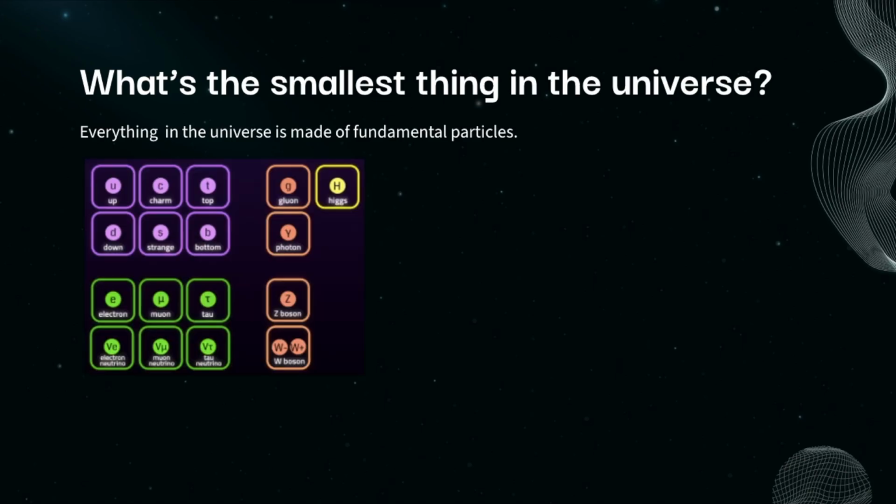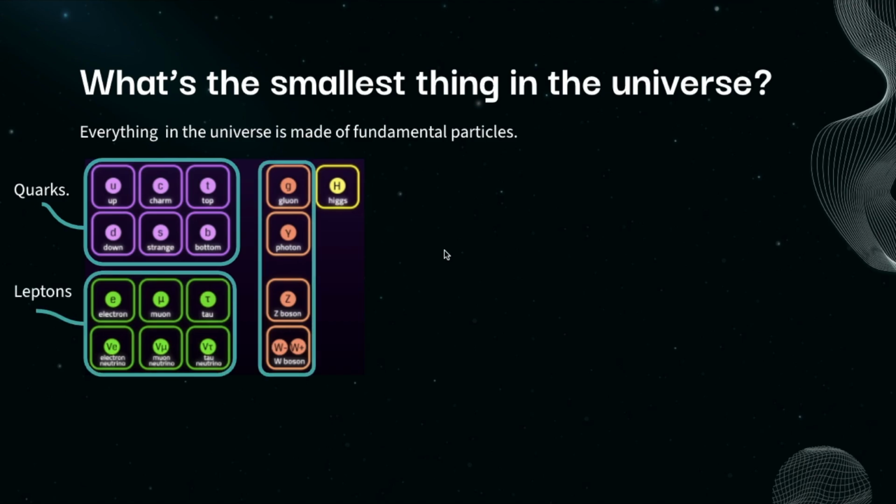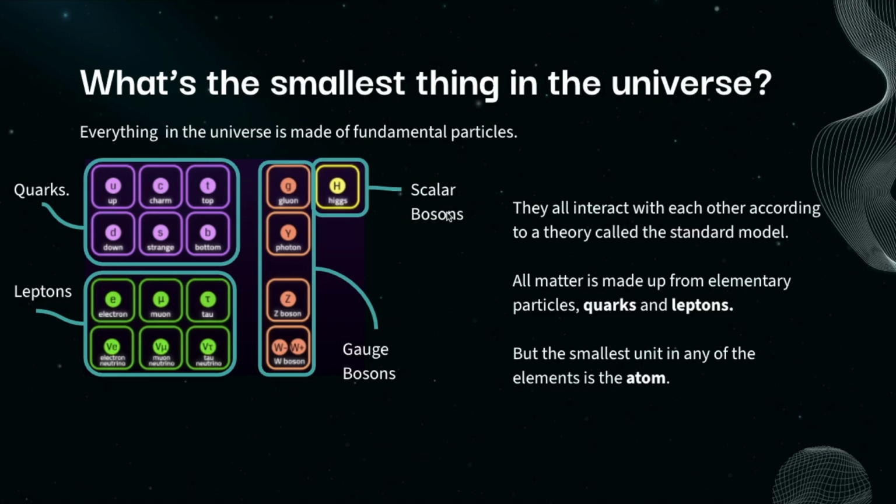The fundamental particles actually divide into 4 groups, which are the quarks, the leptons, the gauge bosons, and the scalar bosons. All these particles interact with each other according to a theory called the Standard Model, which we'll see later on.